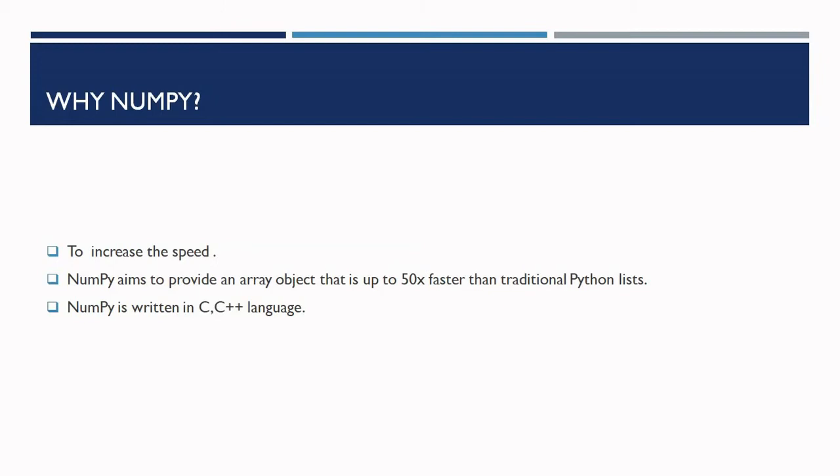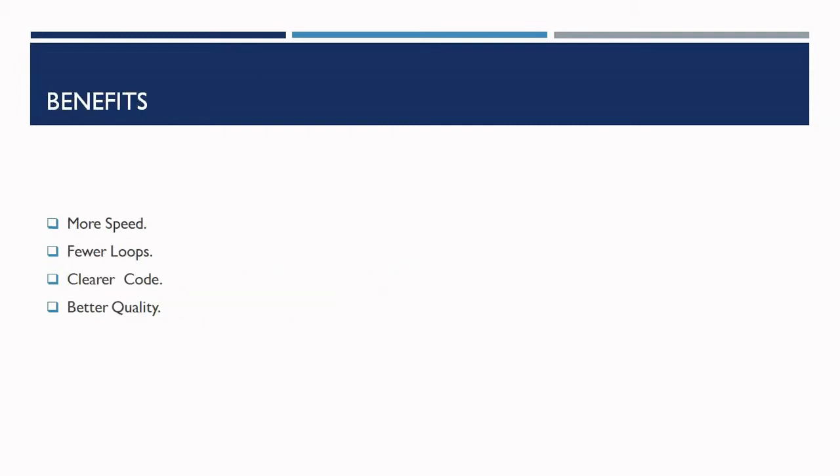Numpy is basically written in C and C++, so it is better supported with these languages. The array object in Numpy is called ndarray. It provides a lot of supporting functions that make working with ndarray very easy.